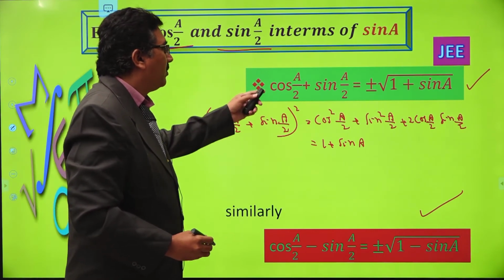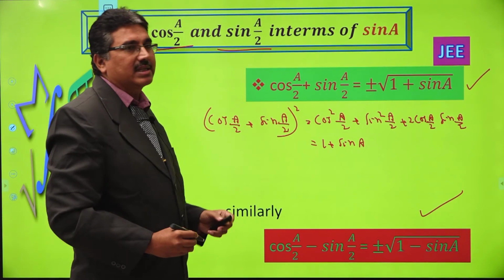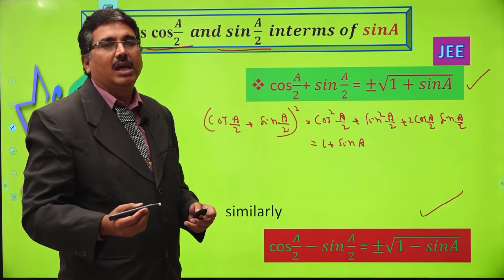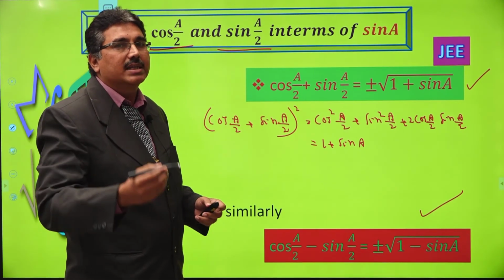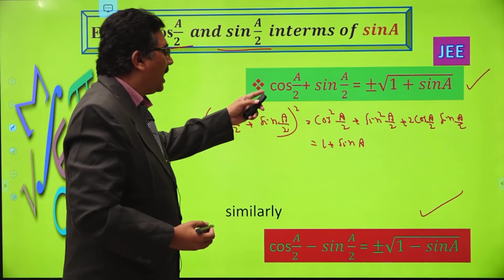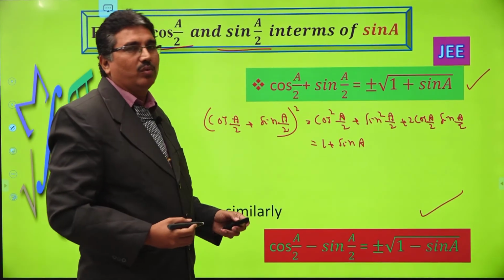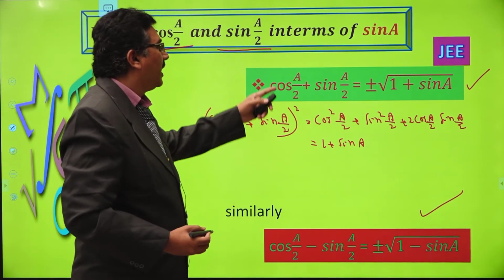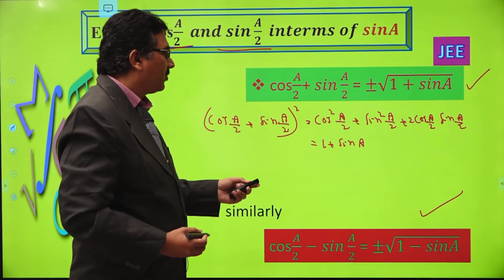Now, from these two equations, what is the value of cos a/2 and sin a/2? Adding these two equations, we get cos a/2, and subtracting equation 2 from equation 1, we get sin a/2.